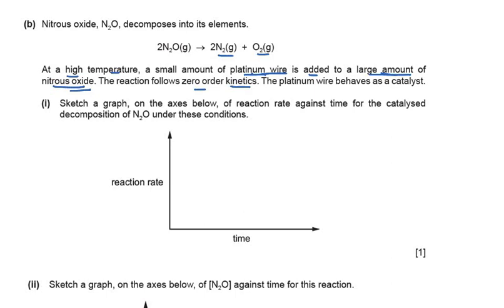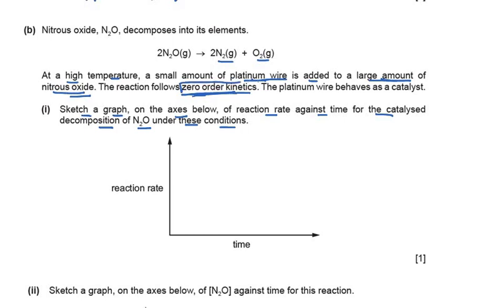The first sub-question says: sketch a graph on the axis below of the reaction rate against time for a catalyzed decomposition of N2O under this condition. Now the most important part is that the reaction follows zero order kinetics.